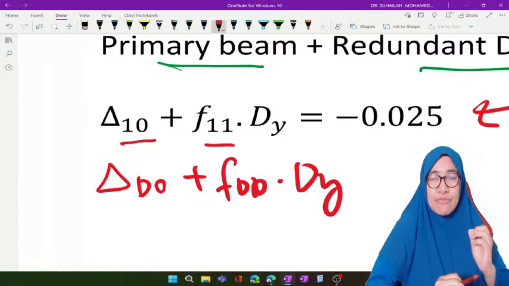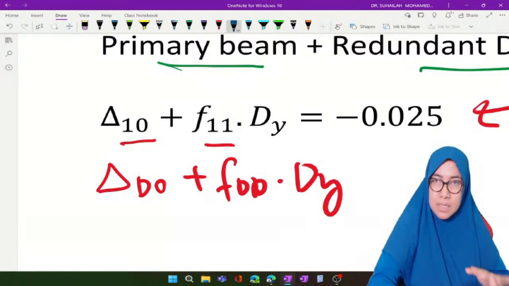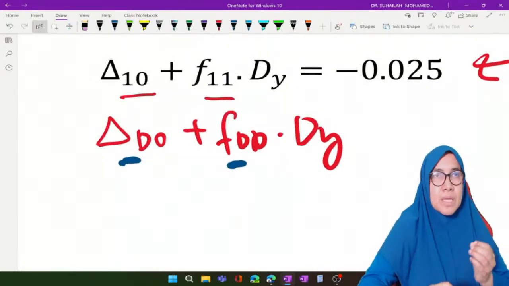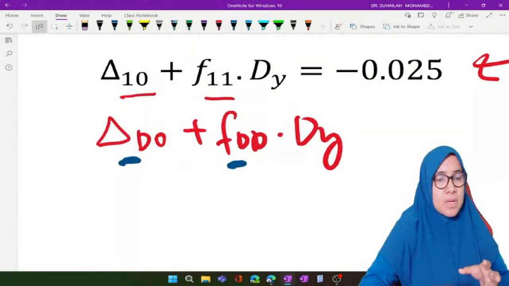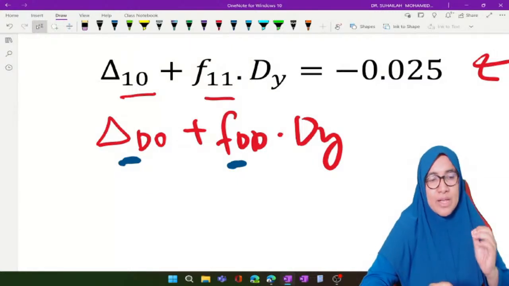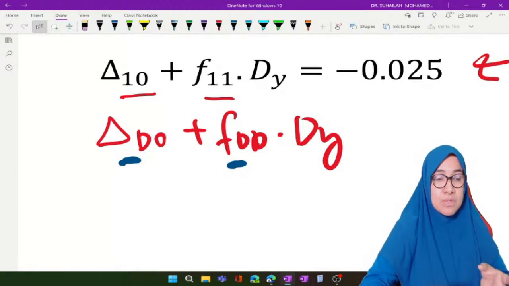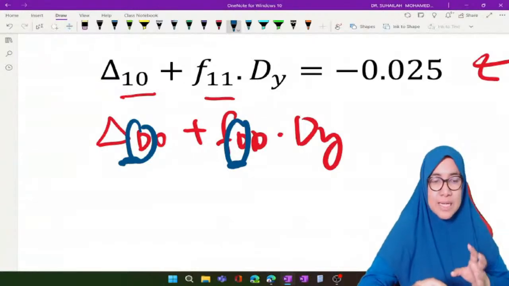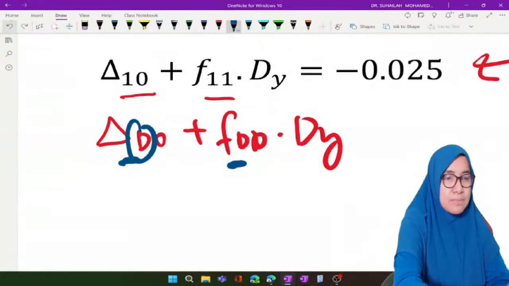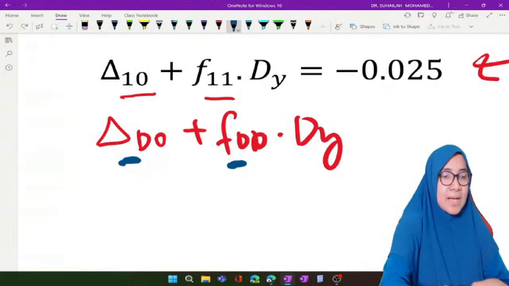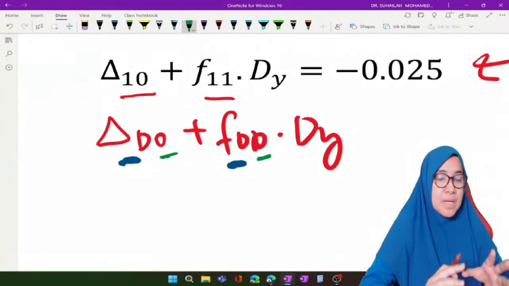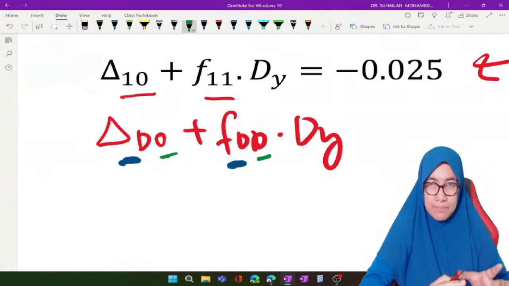Okay, the first notation used here refers to the position. It is deflection at position D. The first notation is for the position, and the second notation is for the type of beam.